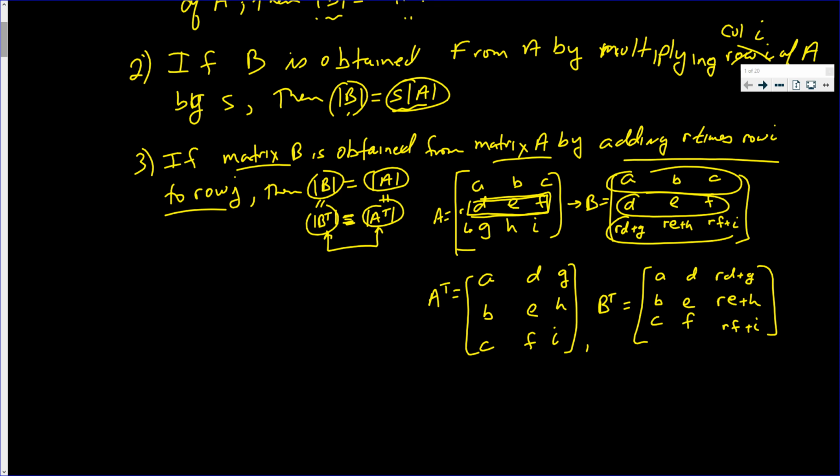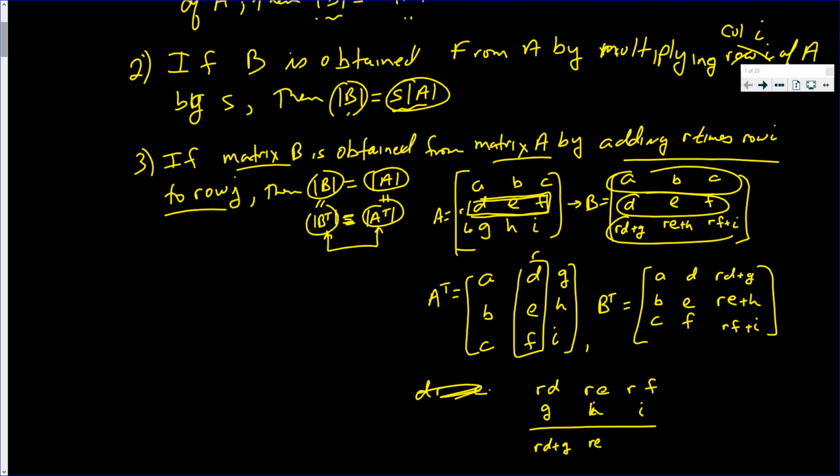Now, if you notice, if you multiply the second column by R, you'll get RD, RE, RF, and if you add on the third column, GHI, what you're going to get is RD plus G, RE plus H, and RF plus I. Look at that.